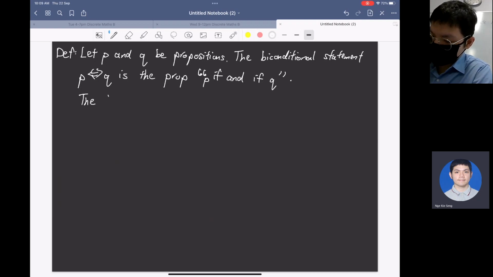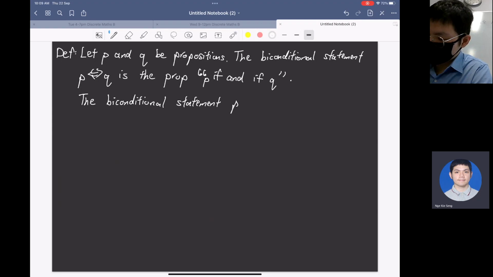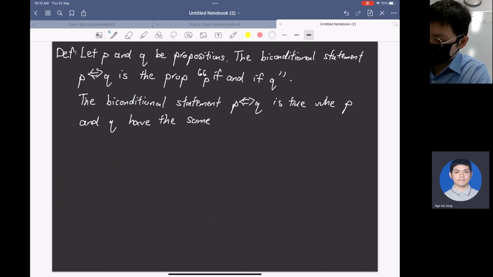So what's the truth value? This statement here is true when P and Q have the same truth values, and is false otherwise.